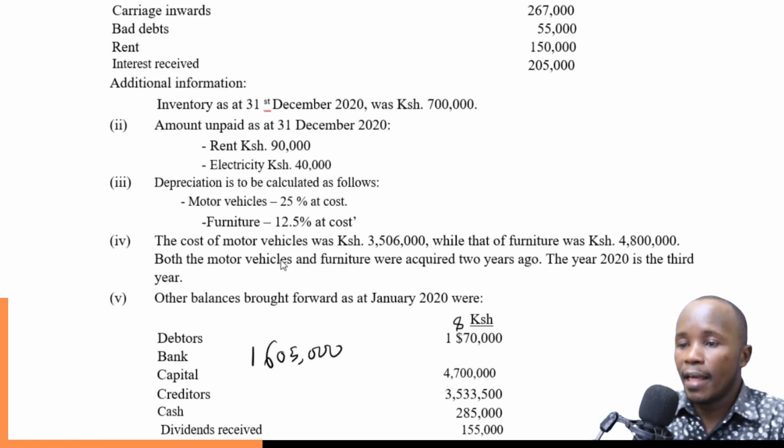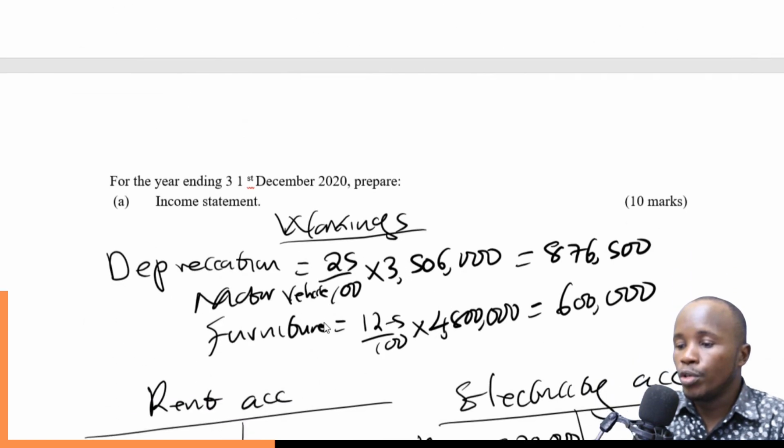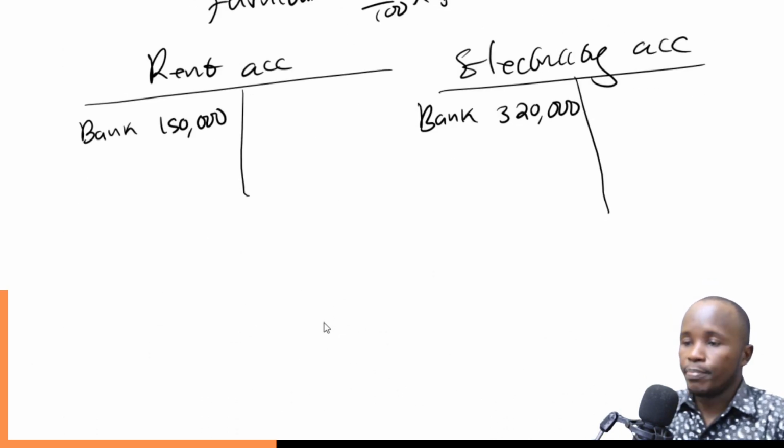But there are some other expenses that were not paid at the end of the financial year. Remember, expenses are recorded when incurred, not when paid. It therefore means this one needed to be captured. Therefore, we are going to record this as accrued expenses.